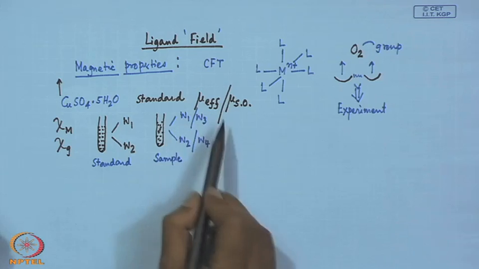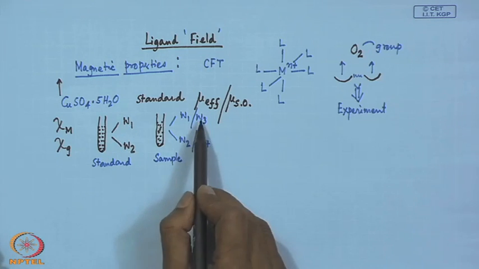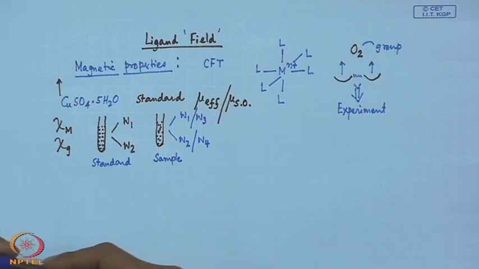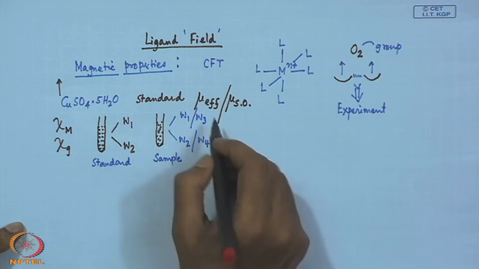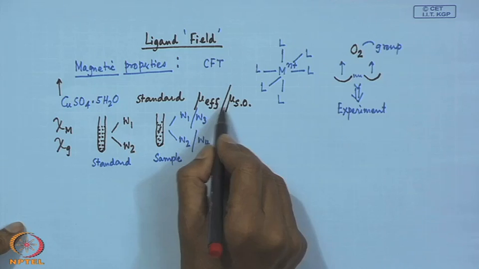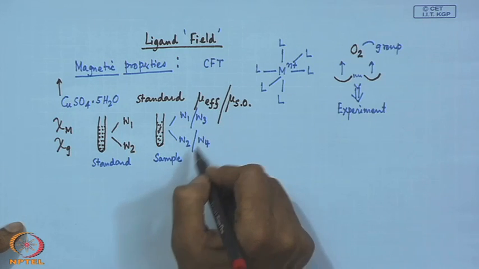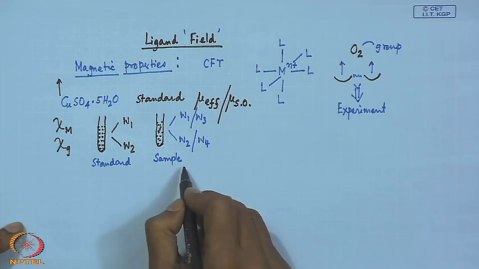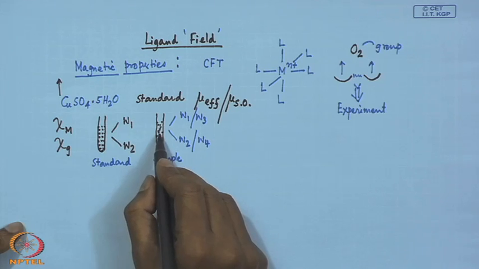So, using these four weights W1, W2, W3 and W4, and by knowing the corresponding chi-g value for copper sulphate, we can determine the mu effective value or the mu spin only value for the unknown sample that we are going to measure in the solid state, in the powder form.